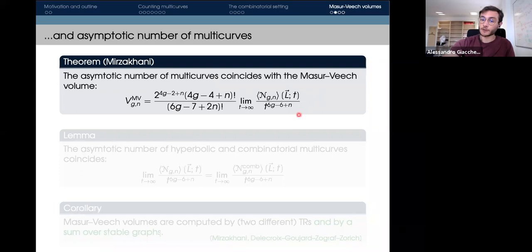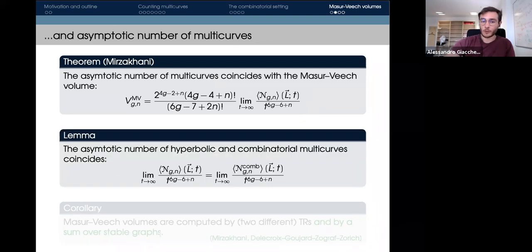This result was just in the hyperbolic setting. What we were able to prove is that this asymptotic number of hyperbolic multicurves is exactly the same as the asymptotic count in the combinatorial setting. We were able to prove this relation here.